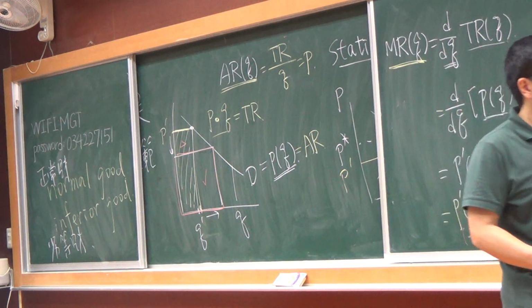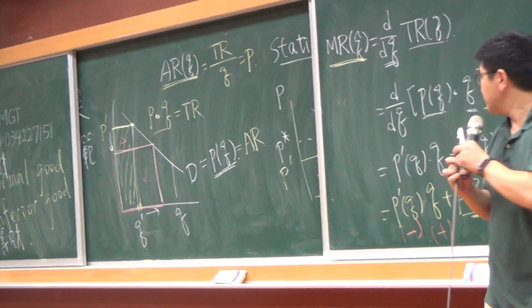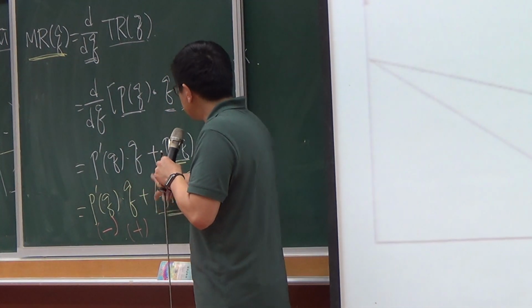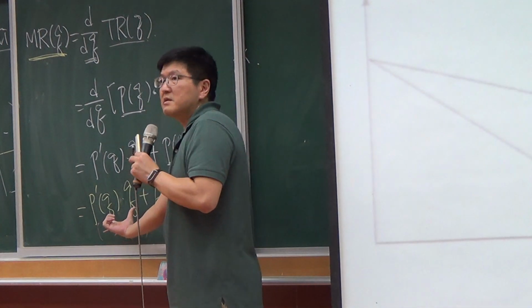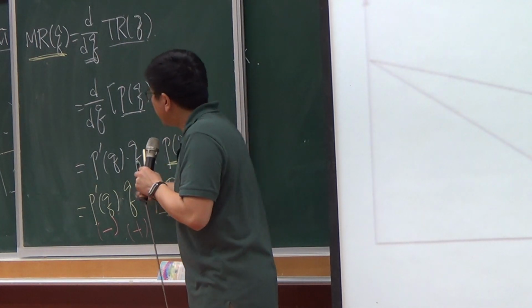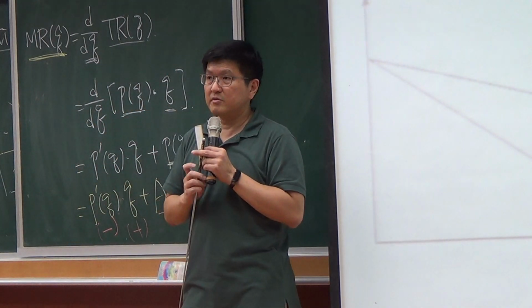That is the reason why you see marginal revenue falls below the curve of average revenue. Because we take average revenue minus something to get marginal revenue.